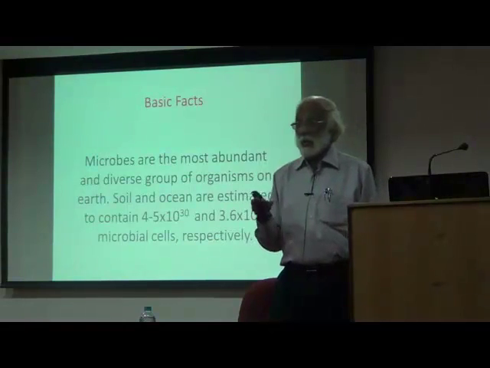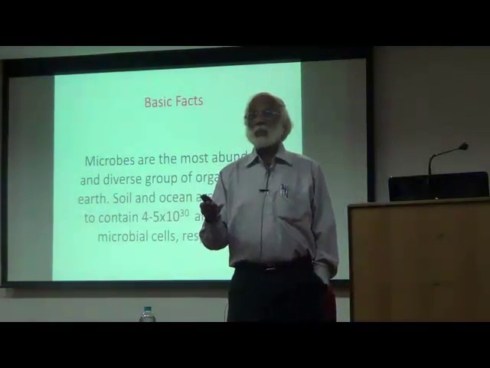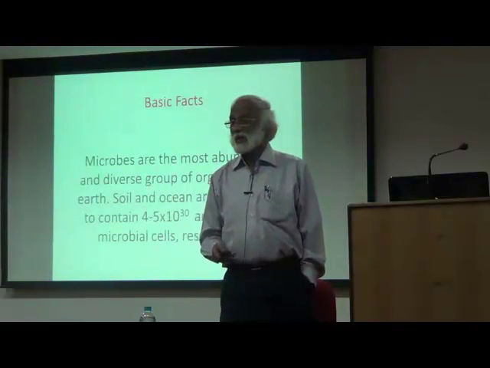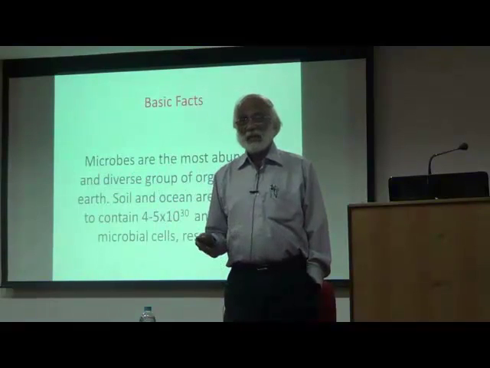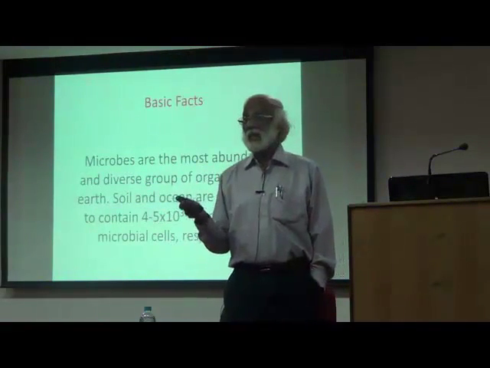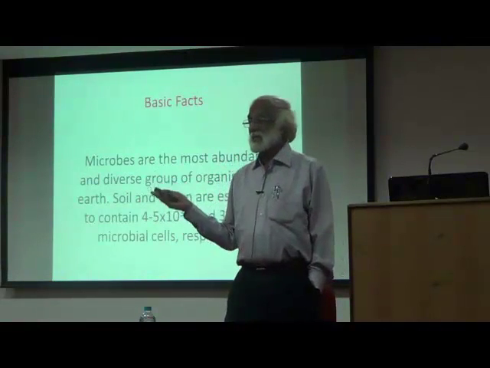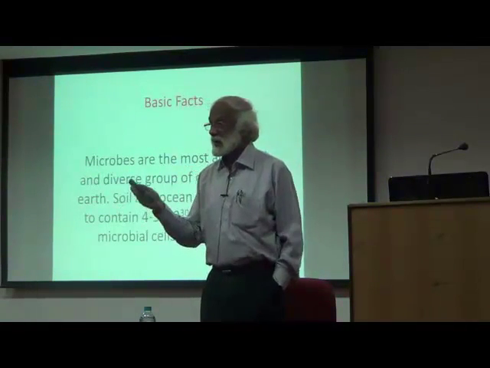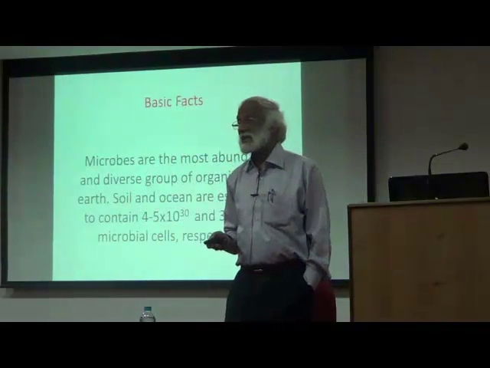But how do you know they are existing? By DNA analysis. Taking a sample of soil or sea water, and analyzing the DNA, and today technology is available to identify various combinations of DNA that is present. On that basis, you can say so many organisms exist.